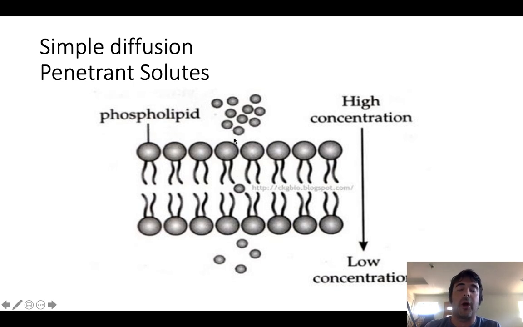a passive transport process. We know it's simple diffusion because these solute particles are moving directly across the phospholipid bilayer. And the only type of solute particle that can move directly across the phospholipid bilayer is a penetrant solute. Penetrant solutes, if I was to ask you, what do you know for a fact about these solute particles? Well, because they're penetrant and they can get right across the phospholipid bilayer, you know they're nonpolar.